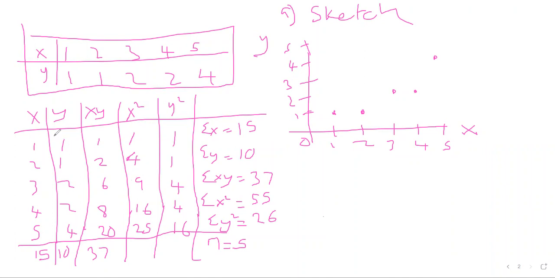X squared, we're squaring the first column, and Y squared, we're squaring the last column. And what we did is totaling up. We found X squared 55, and we found Y squared as 26. So that's where we are so far. Is that clear?